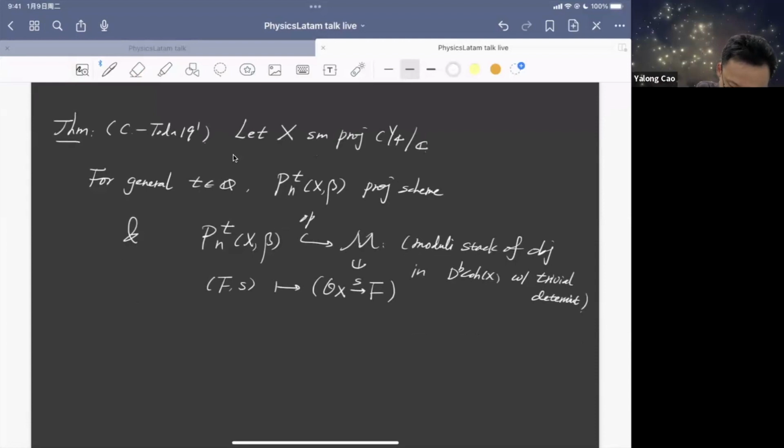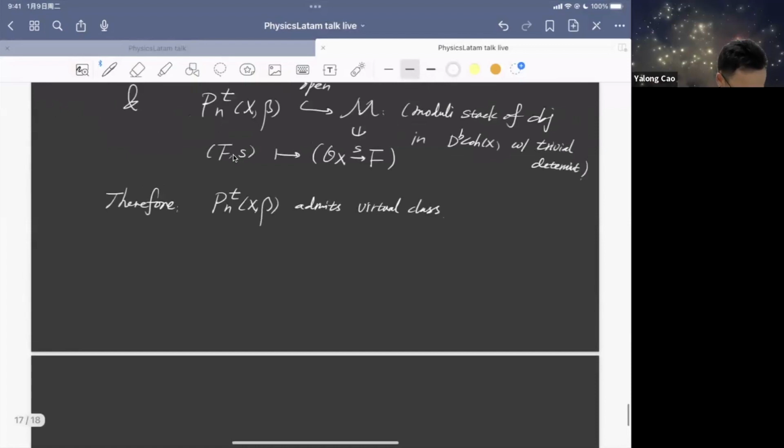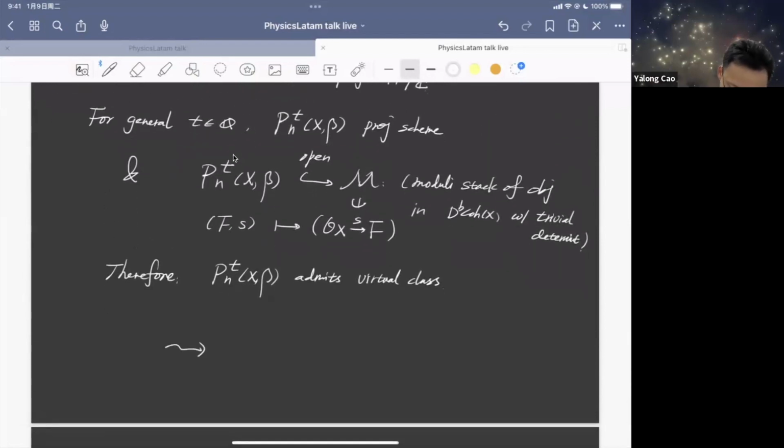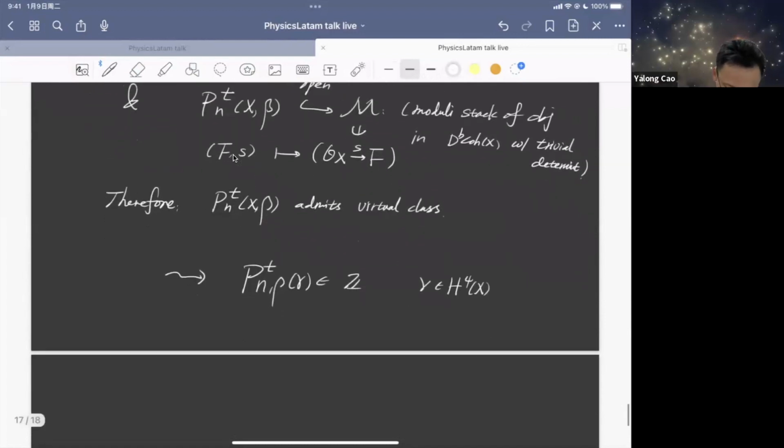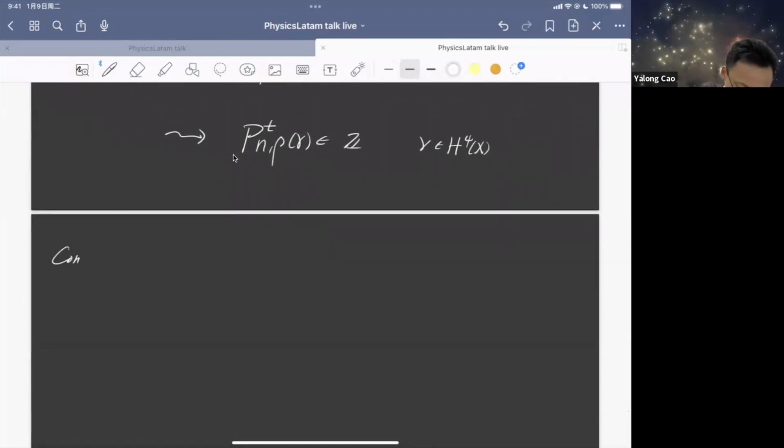So this is open. What's important is the consequence of this open immersion: we know such spaces carry virtual classes. Then similarly we can define the invariants P_{n,t}(beta, gamma) for gamma to be these four-cycles as before. Then there's a more refined conjecture.